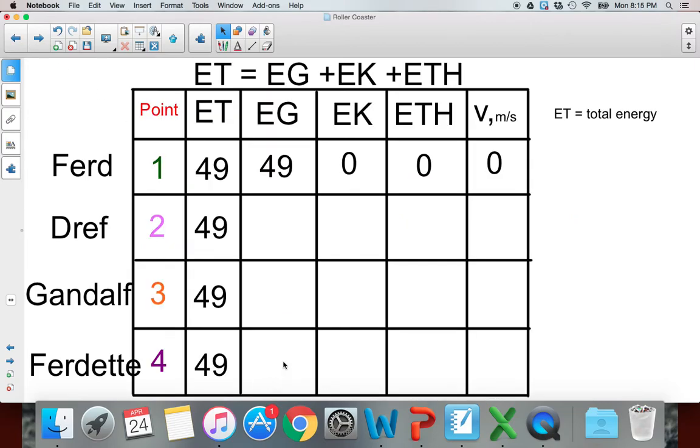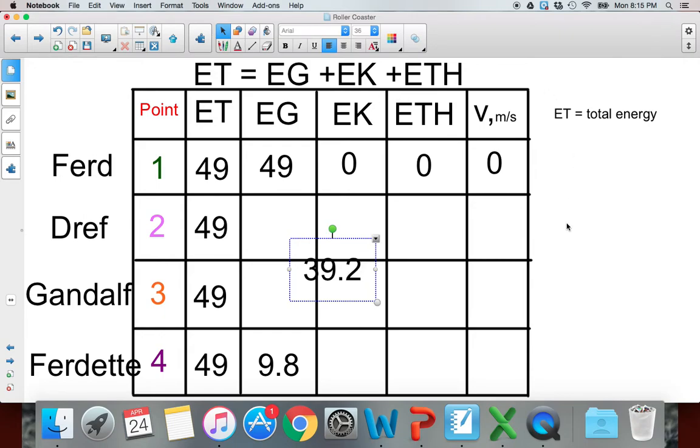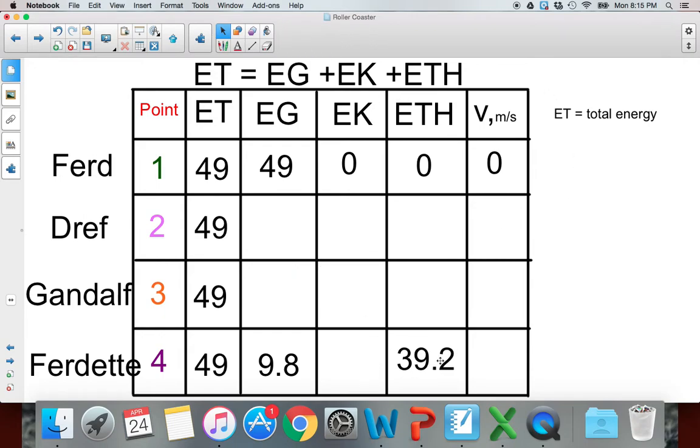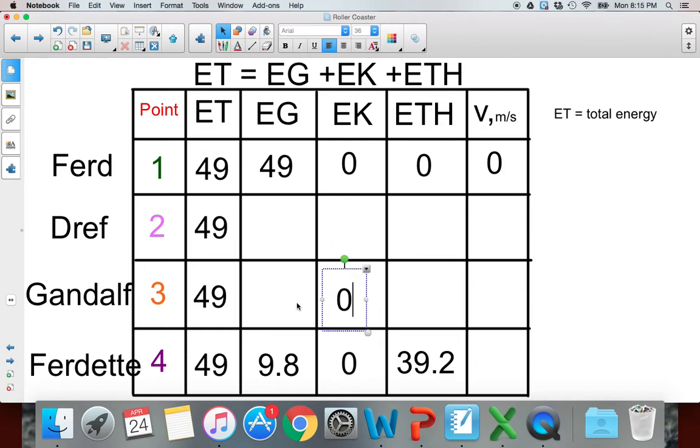So for point 4 down here, we figured out the gravitational energy was 9.8, right? And E thermal was 39.2. And the speed was 0. And the kinetic energy was 0. Okay.